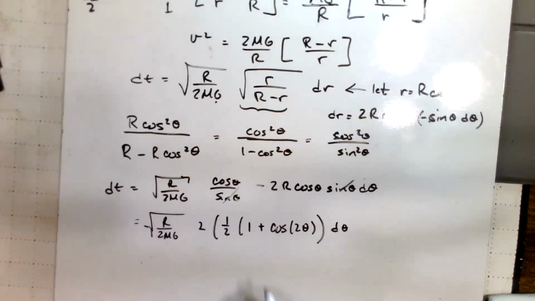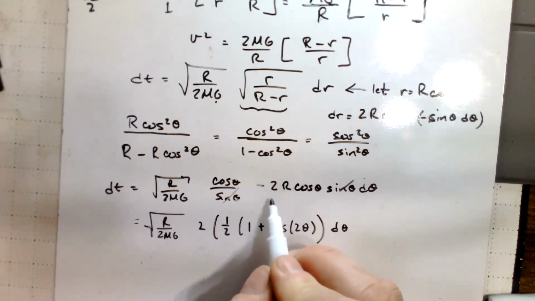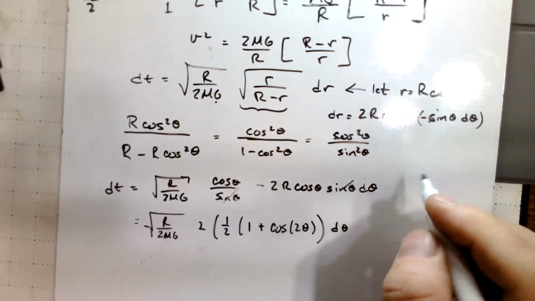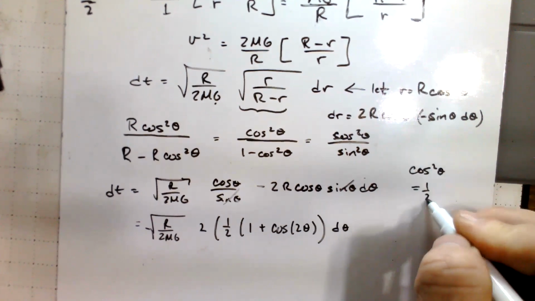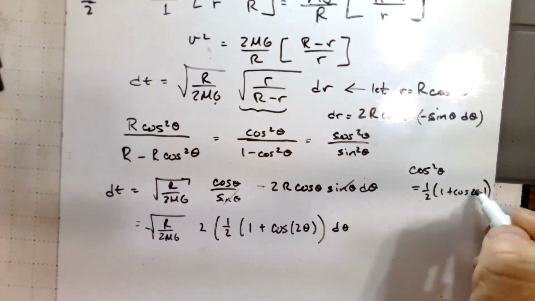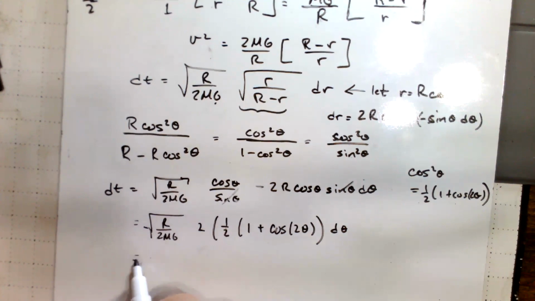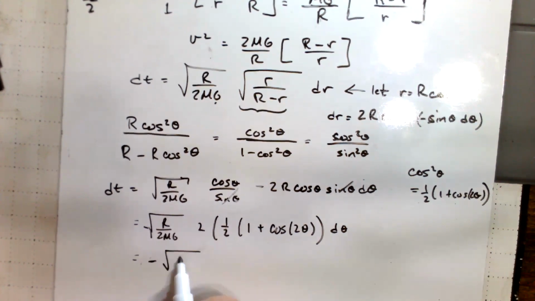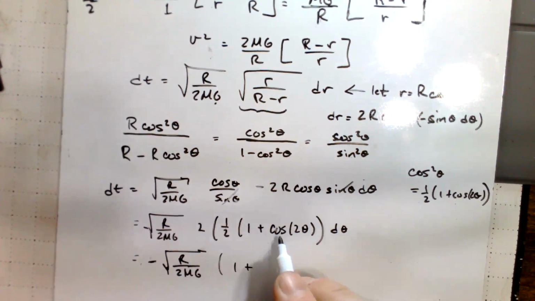So this cosine and this cosine are cosine squared. And then using the power reduction formula, cosine squared theta is equal to 1/2 times 1 plus cosine 2 theta. That's what I'm using there. And then the 1/2 and the 2 are going to cancel, which is great. So I have a negative square root of R over 2mg times 1 plus cosine 2 theta.